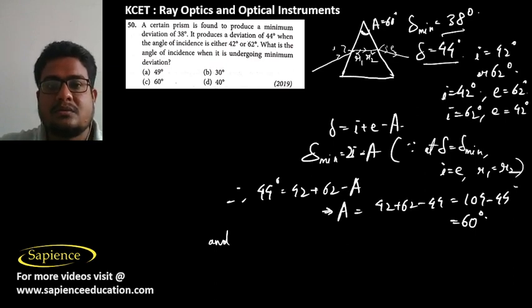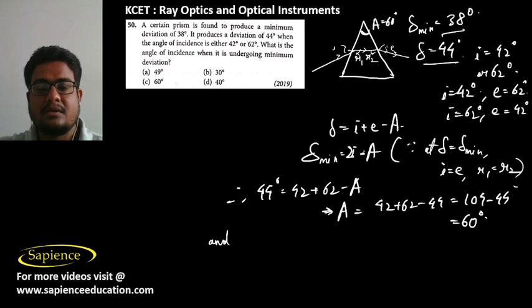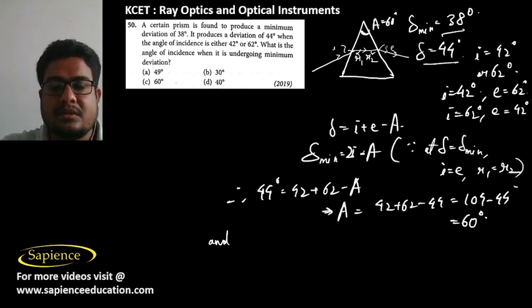So what is the angle of incidence at minimum deviation? The angle of incidence i will be equal to A plus delta minimum by 2.